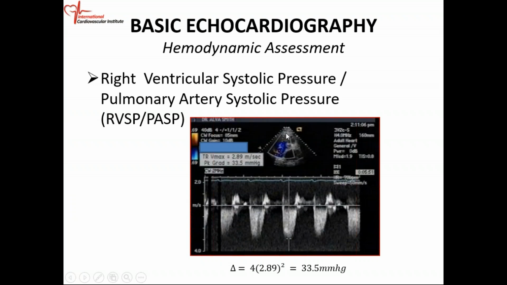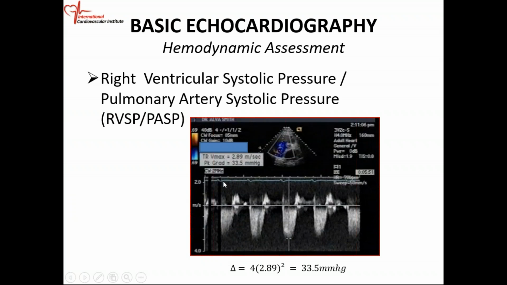There is this blue color here. Remember, flow towards the transducer is going to be in shades of red, and flow away from the transducer is going to be in shades of blue. Then you put your Doppler across the tricuspid valve, and you get these envelopes. Again, your ECG is right there.